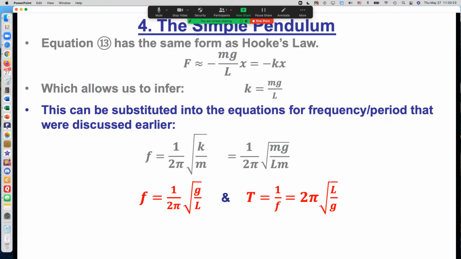And in fact, the only way that you can get a pendulum to change frequency is either to change the length of the pendulum, L, or to take it to a place where the gravitational force field is different, like the moon, right?